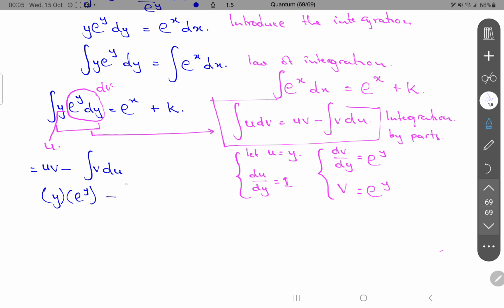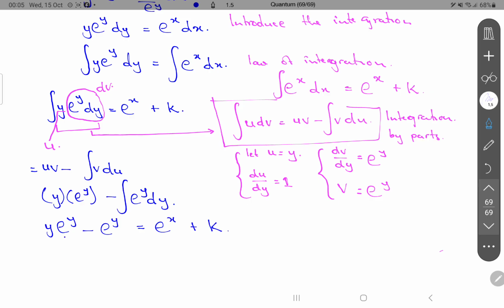In other words, even if I write it like the integration of e^y dy, then it's going to be much easier. So we are going to write y e^y minus e^y is equal to e^x plus k.